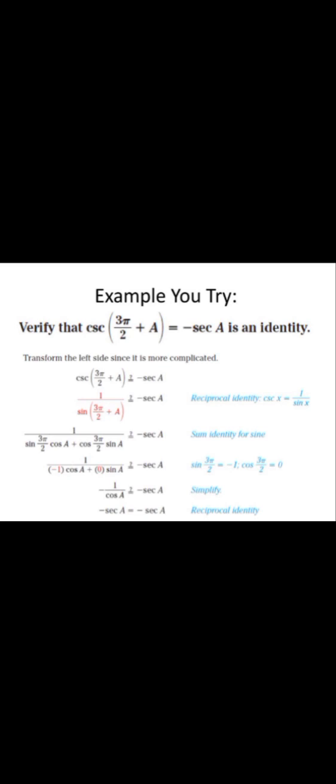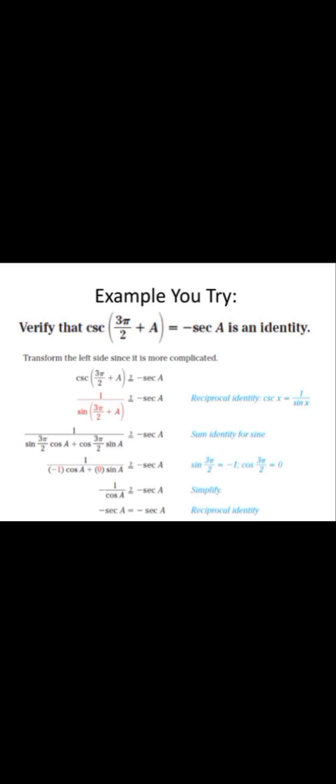So we have 1 over sin 3 pi over 2 cos A plus cos 3 pi over 2 sin A. Then 1 over negative 1 cos A plus the quantity of 0 sin A. Sin 3 pi over 2 is equal to negative 1 and cosine 3 pi over 2 is equal to 0.